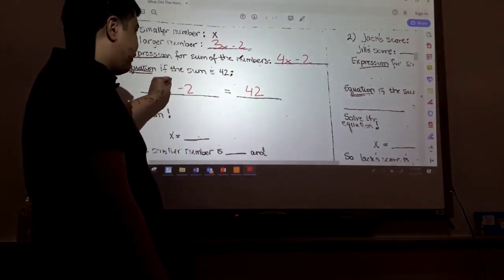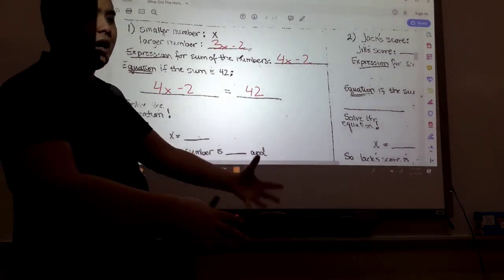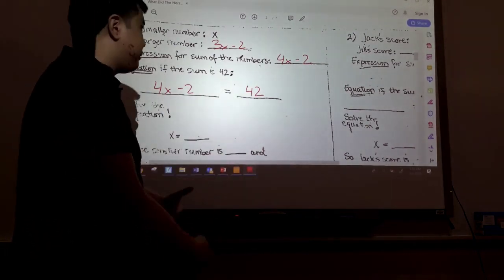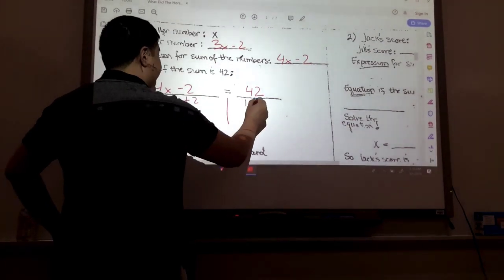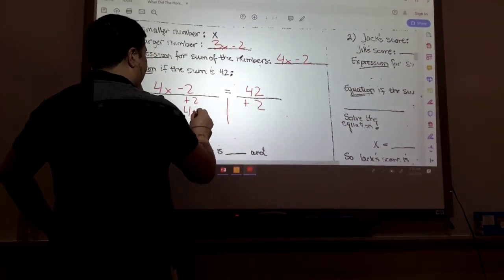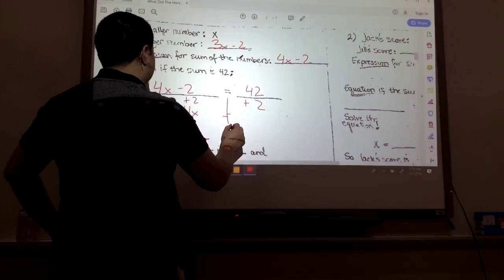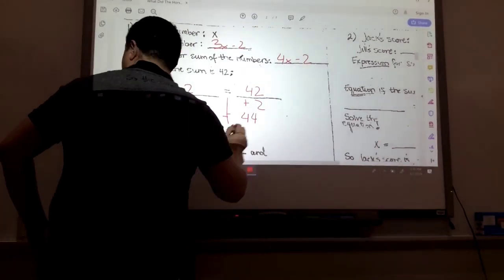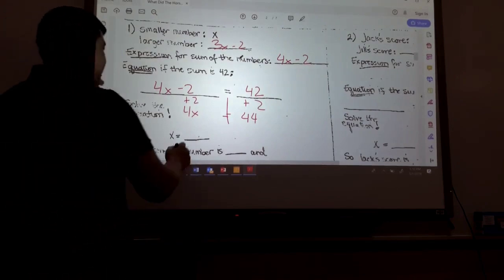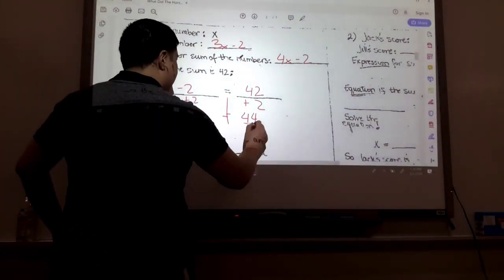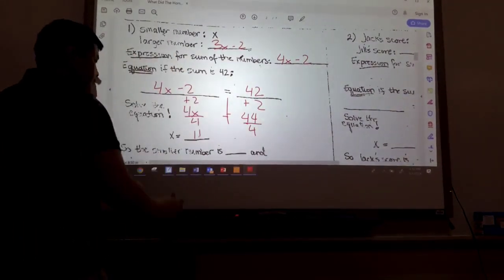If we solve for x, that means we're finding the value of the smaller number. So we add 2 to both sides, which is 4x equals 44. And then we're going to divide both sides by 4, which gets us 11.